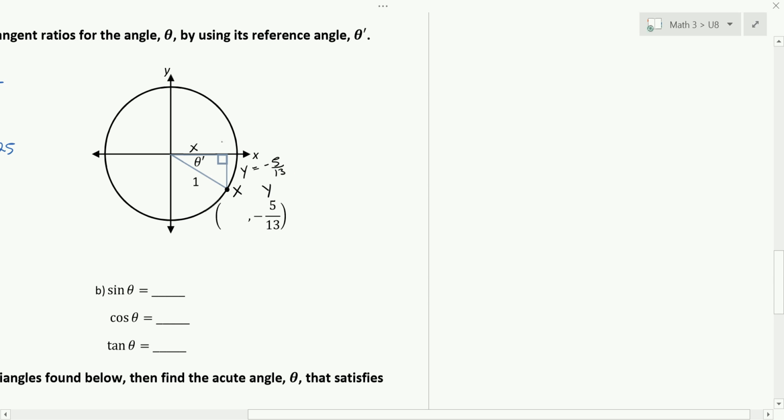If I use the Pythagorean theorem on this right triangle, I have x squared plus negative 5 over 13 squared equals 1 squared. When you square things, you always end up with positive things. So 25 over 169 is equal to 1.